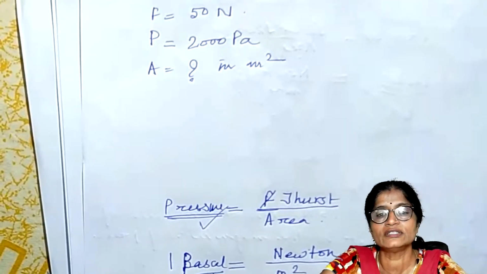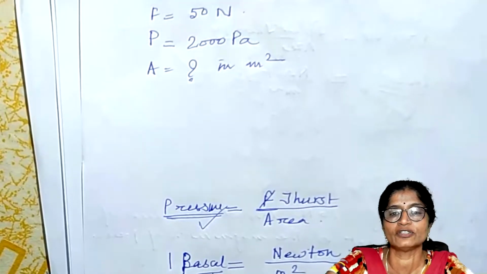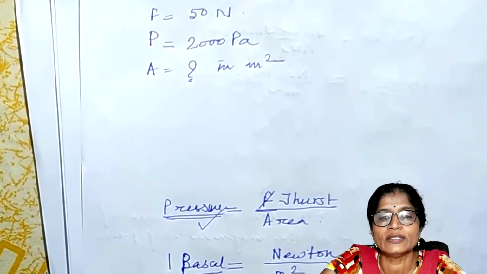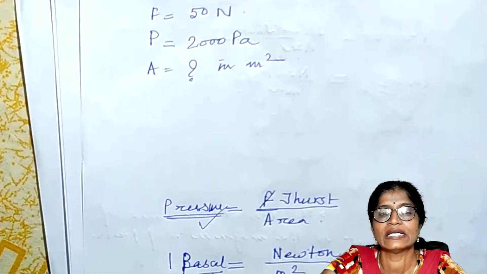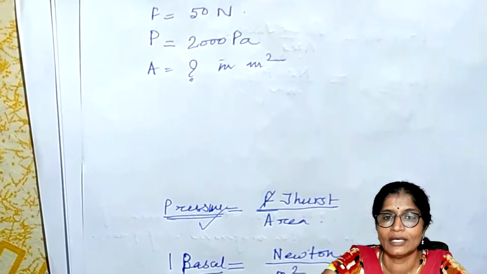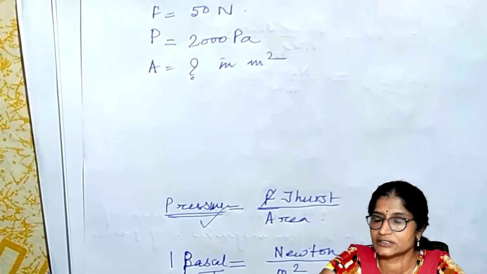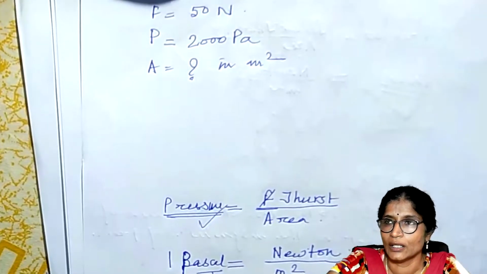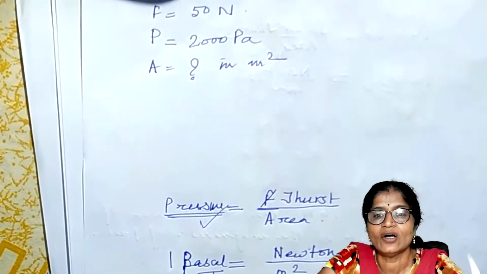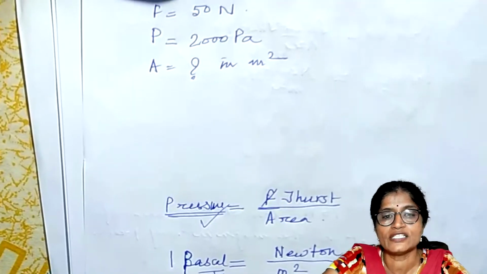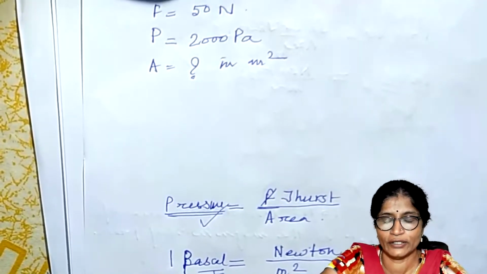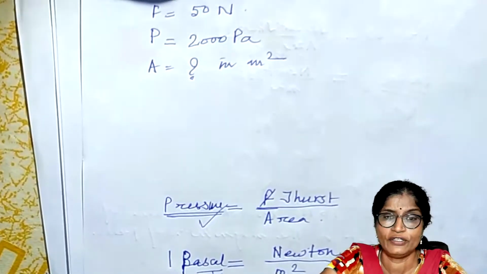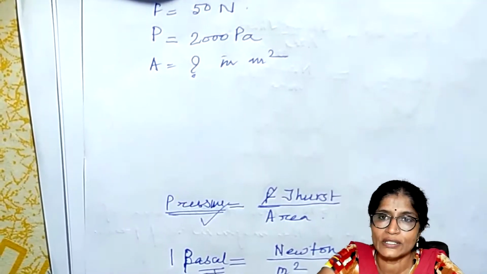The effect of thrust depends on the area of the surface on which it acts. The smaller the area of surface on which the thrust acts, the larger is its effect. Larger effect means larger pressure will be produced. For example, suppose a boy is standing on loose sand, then his feet will sink deeply into the sand.